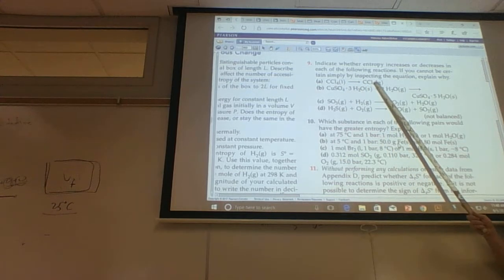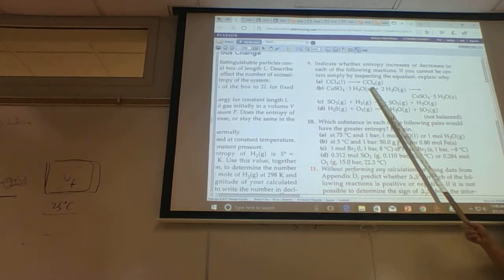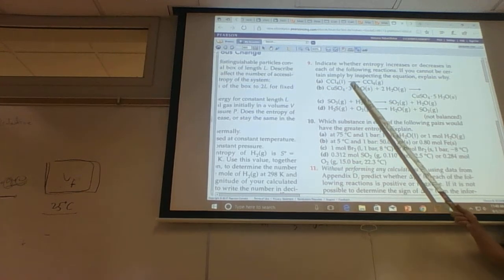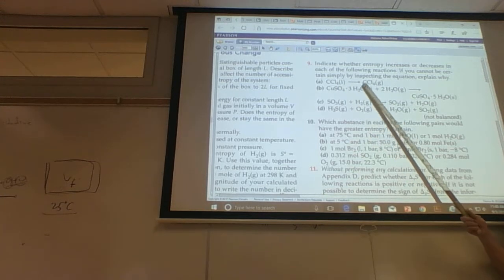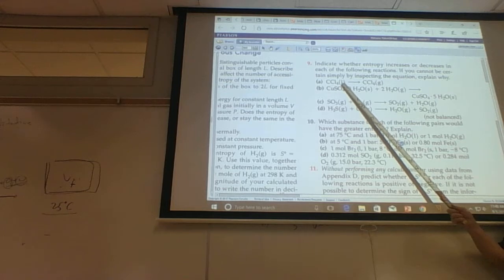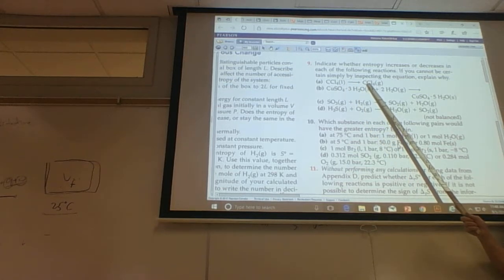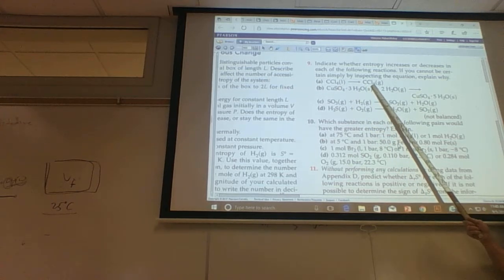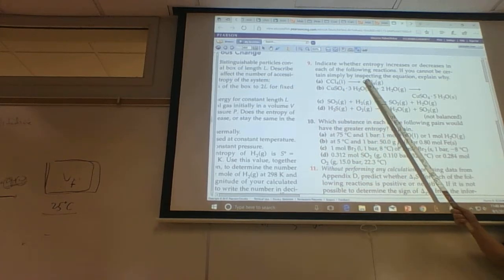Energy is increasing. What's happening to entropy? Entropy is also increasing. So is this going to happen spontaneously or not? Well, that would be a question mark, because on the one hand, energy is saying no driving force, but entropy is saying driving force. So we have conflicting driving forces here. And so this one's a question mark.